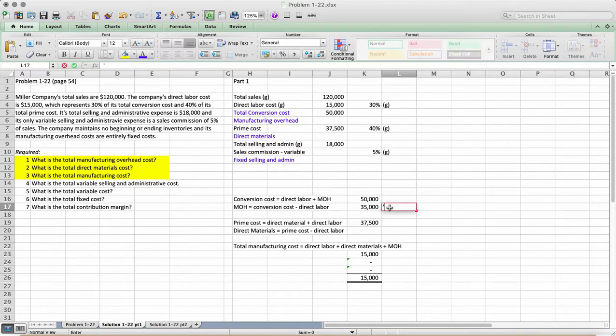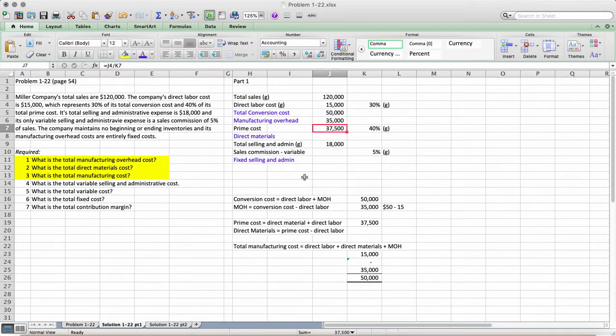So I'm going to put here on the side for you 50 less 15, which represents that equation. So our manufacturing overhead is 35,000. Okay, so we've answered the first one. Now let's go back.